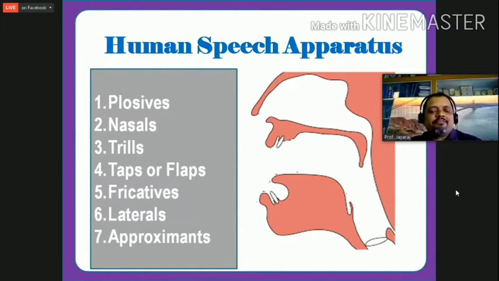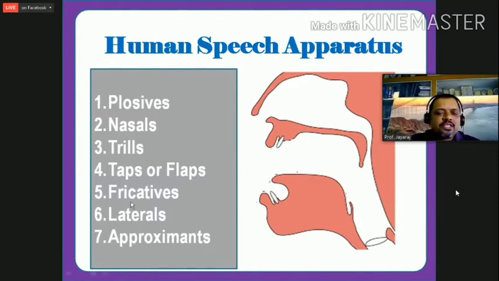And if the plosives are more, such languages sound like tapataka, chetapata, katapata, badagada. That is the effect when languages rich in plosives are spoken. Nasals: some languages are rich in nasals, and you will see a lot of nasality in their speech.